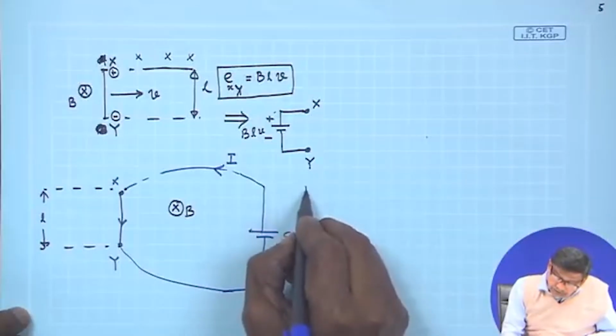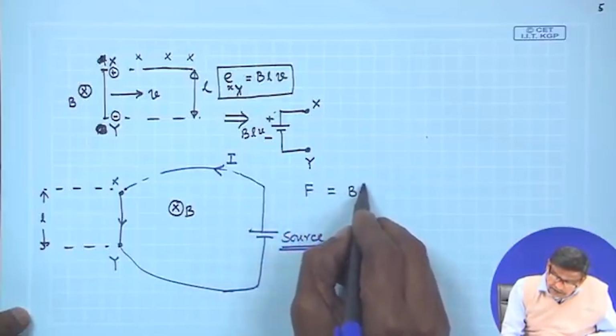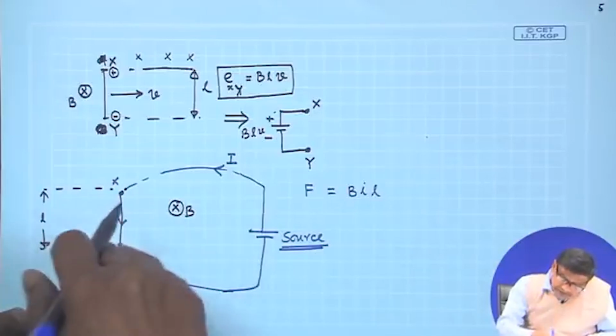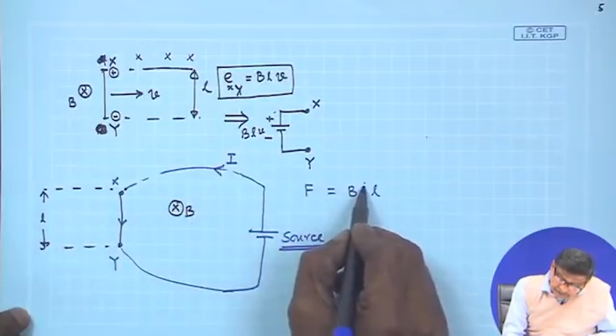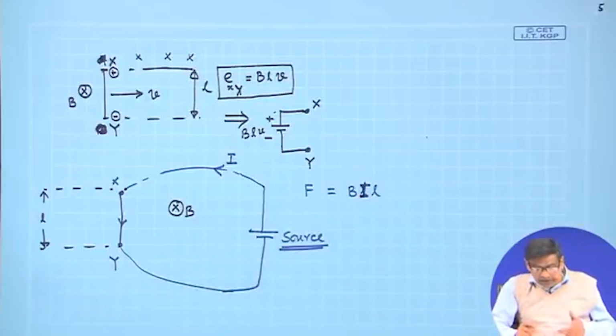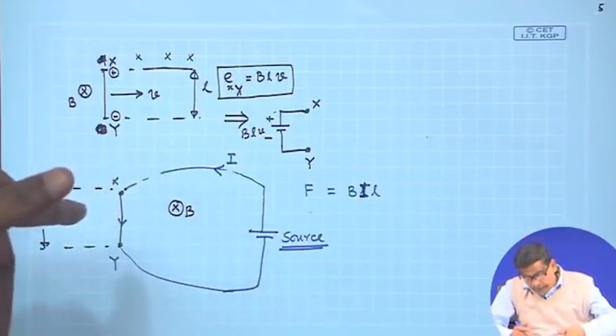The magnitude of the force will be B, I and L. What is B? B is the flux density. What is I? I is this current, that is in this case I. And how to find out the direction? To find out the direction, what you have to do? You have to apply left hand rule, mind you.